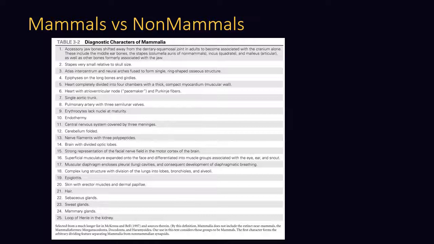So to sum up, and this is from your textbook, these are some of the main diagnostic characteristics of mammals. There's a lot of soft tissue structures here, as well as hard tissue structures. I don't agree that these are necessarily the most informative ones. As you can see, this is selected from a list.